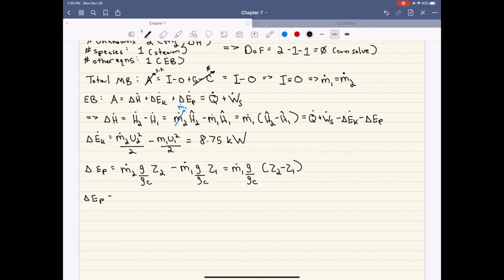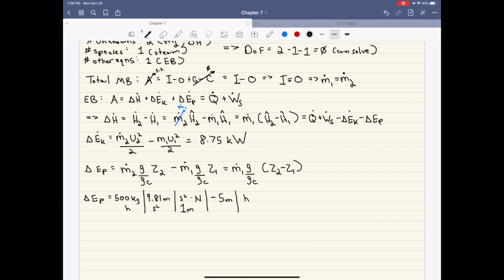So what we have for the mass flow rate is 500 kilograms per hour, multiplied by the gravitational acceleration, and then divide that by our gravitational constant term. Multiplied by the difference in the heights. Now we're going to a lower height at the outlet.